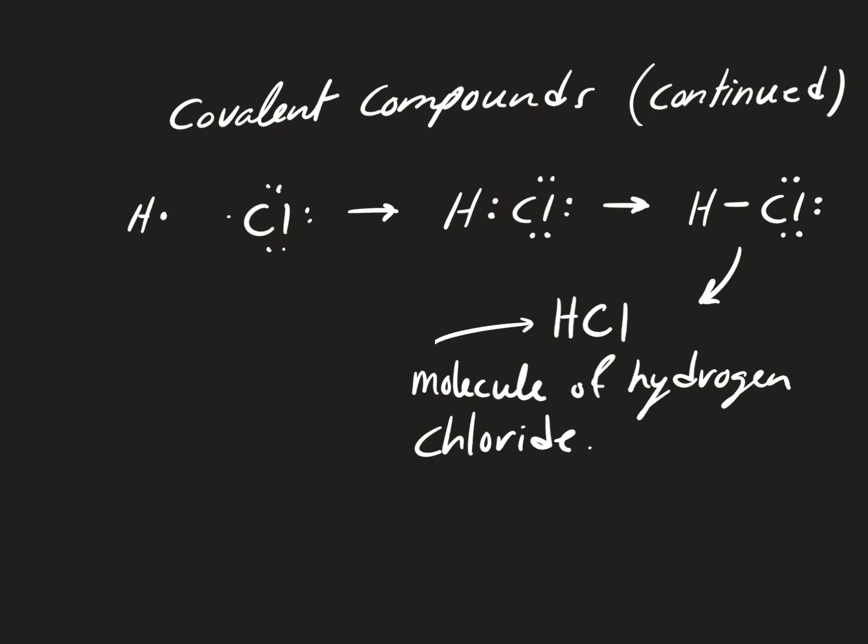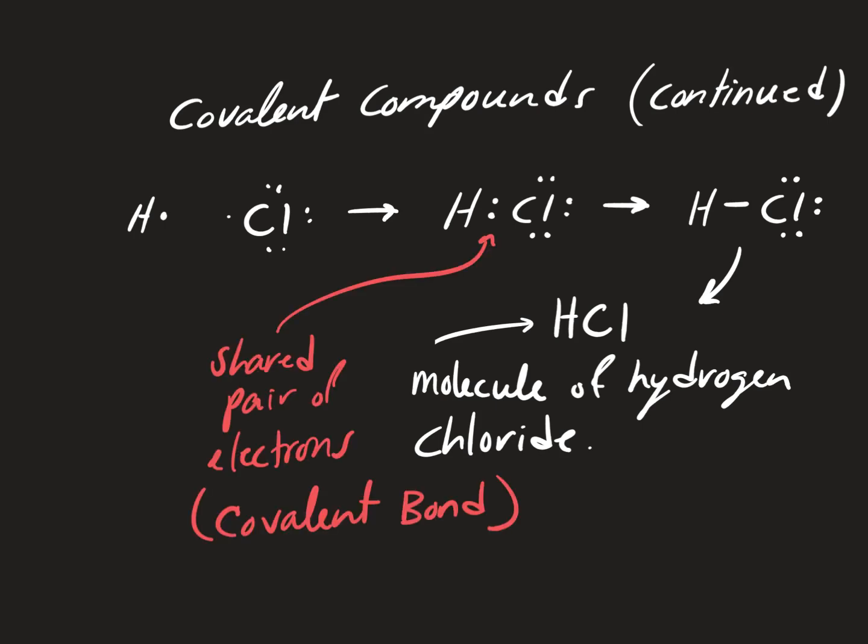And another way of writing that shared pair of electrons is to draw a line like that, okay? That is called a covalent bond. A covalent bond is a shared pair of electrons. It's a covalent bond.